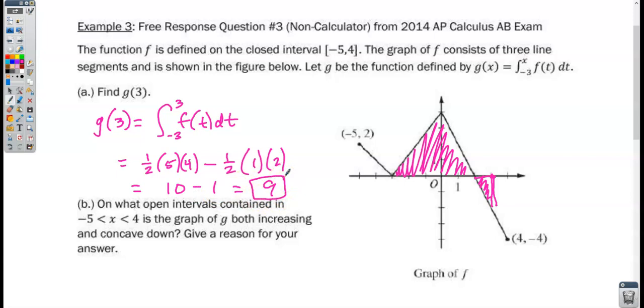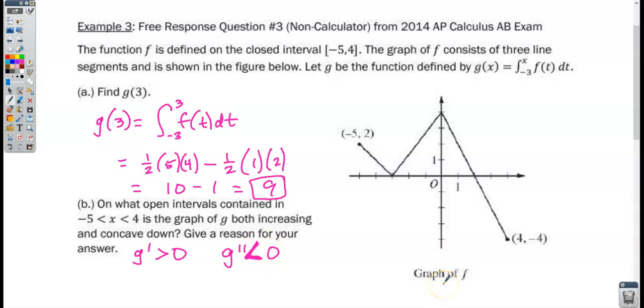Part B, on what open intervals contained in the graph is the graph of G both increasing and concave down? So in order to be increasing and concave down, that means that G prime must be greater than 0 and G double prime must be less than 0.